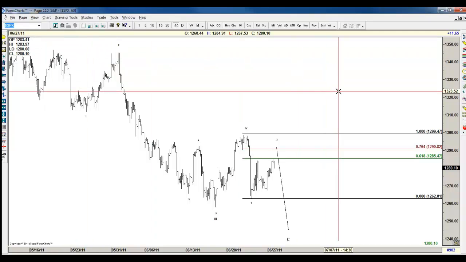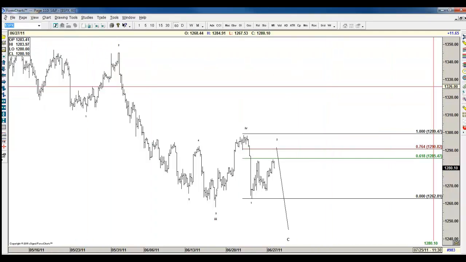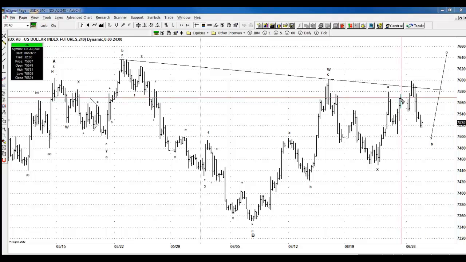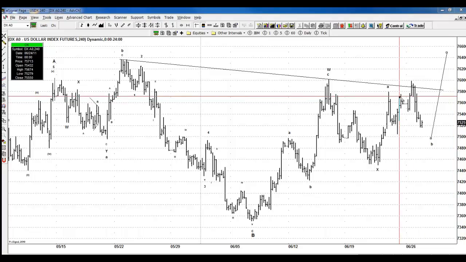Now let's take a look at the dollar index pretty fast. Okay, guys, most of the time the dollar is going to do the same things the euro does. But I follow the dollar counts, as you guys have no idea, to get an idea when one of them is cheating in the market.